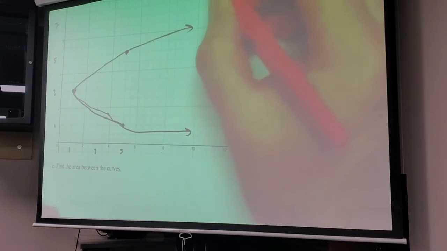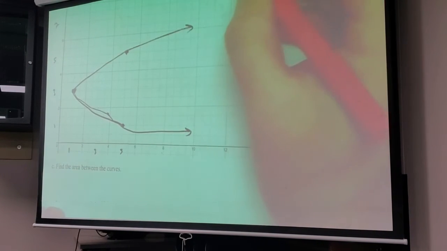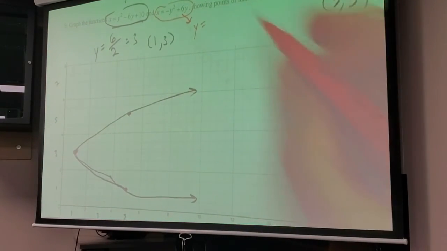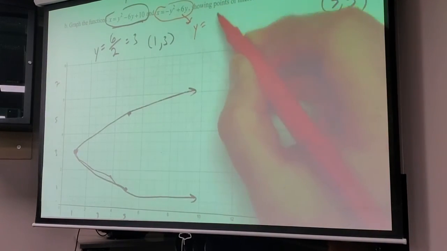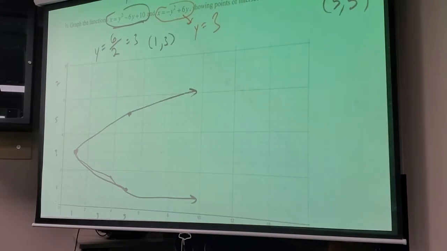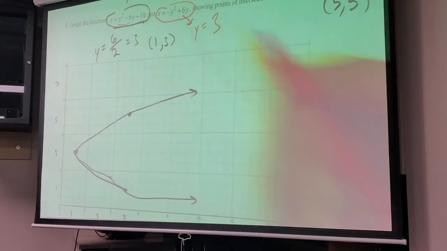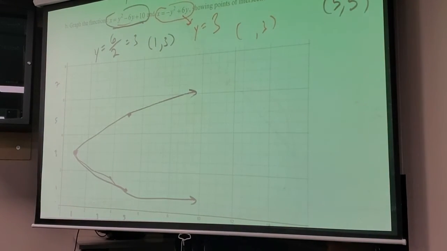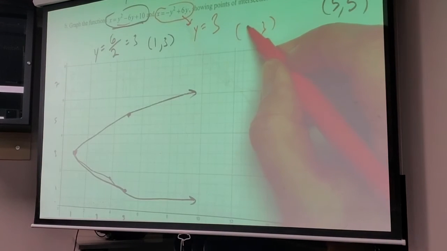What's this guy's vertex? So it'll be negative 6 over twice negative 1, so it'll be 6 over 2. So it'll be 3 again. It kind of makes sense, right? But now when y is 3, what's x? 9.